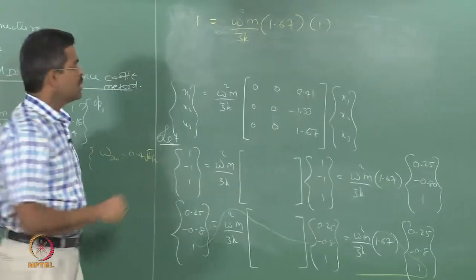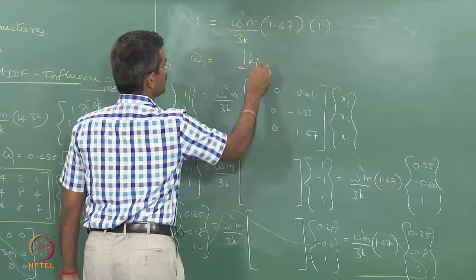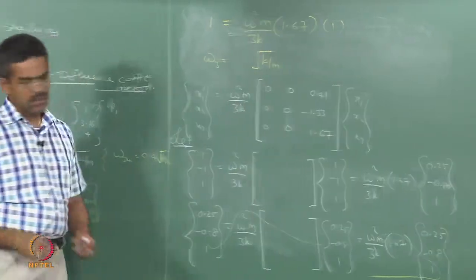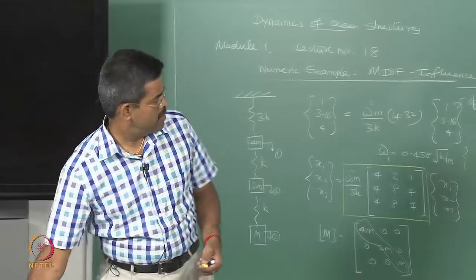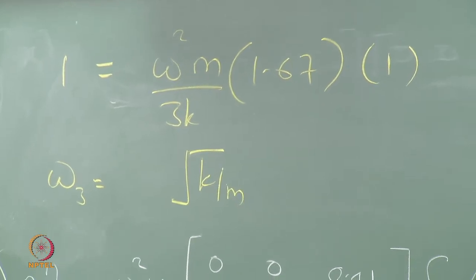Okay. Can you get omega 3 as so much of k by m? No, it is 1.34.